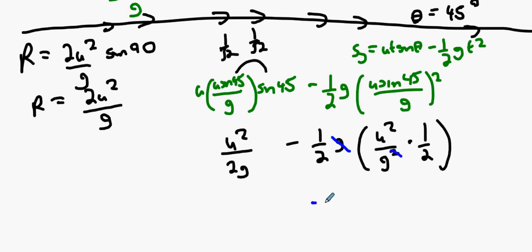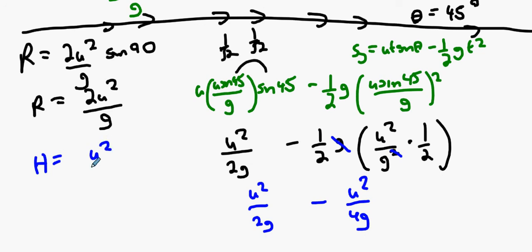And then we get u squared over 4g. And we get u squared over 2g. So what's a half minus a quarter? Half minus a quarter, anybody? Quarter. Now, big question. How many times bigger is the range than the height?